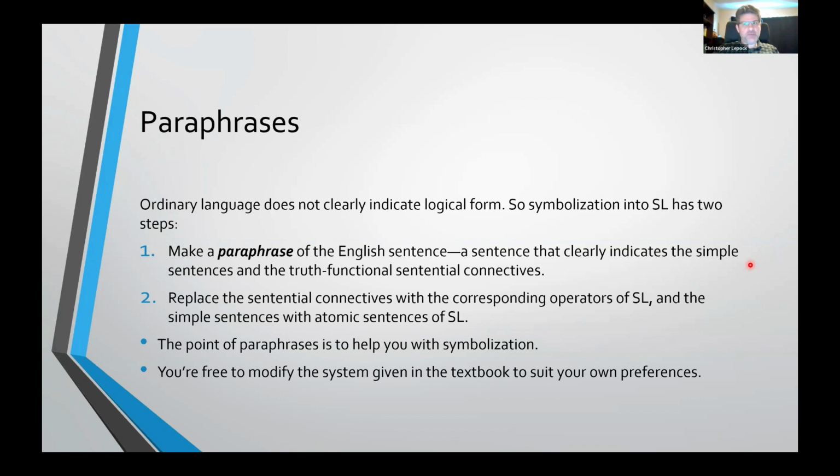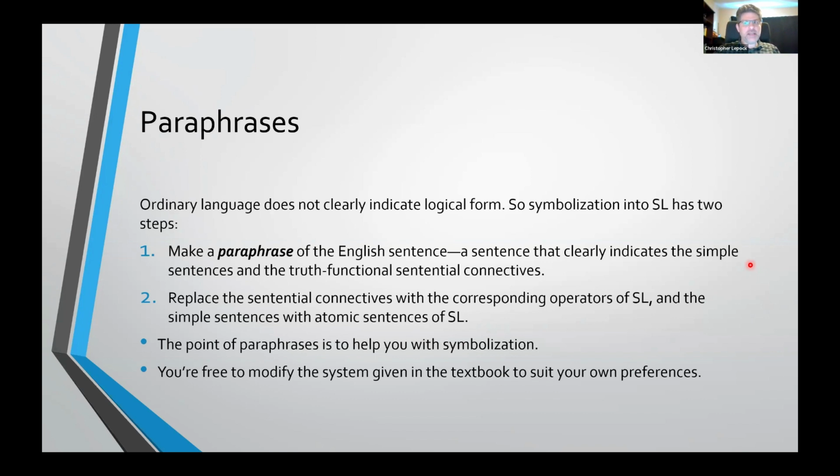The method that the other textbook used had you identify the atomic sentences first and replace those with sentence letters. Then you went through and figured out the logical form. That one is trickier to do, and when you applied it, you typically ended up having to break down that second step into multiple steps.